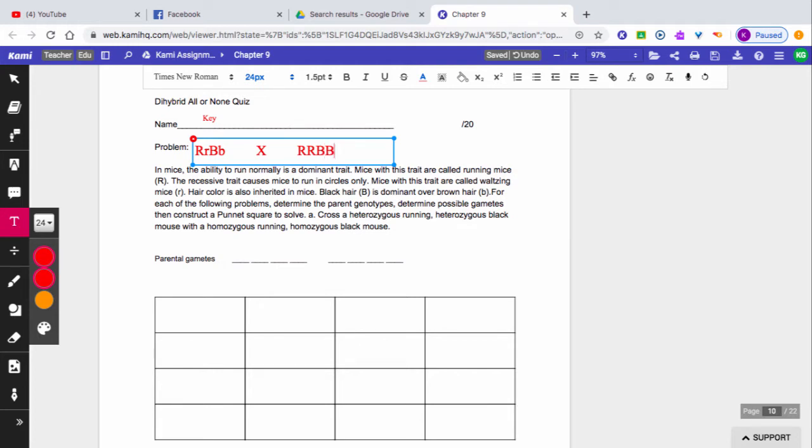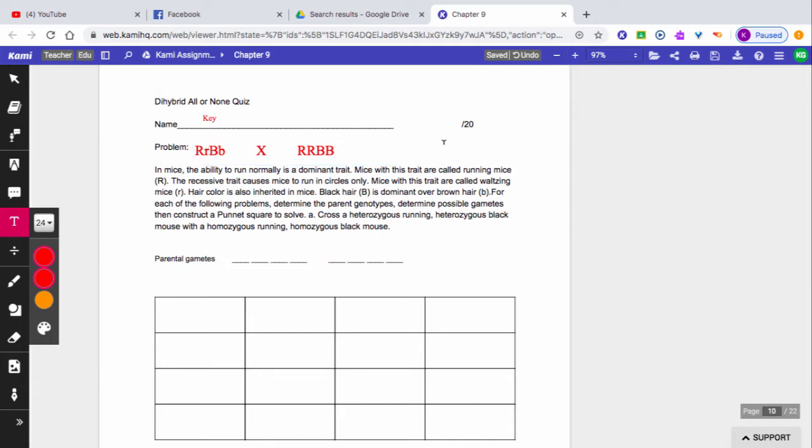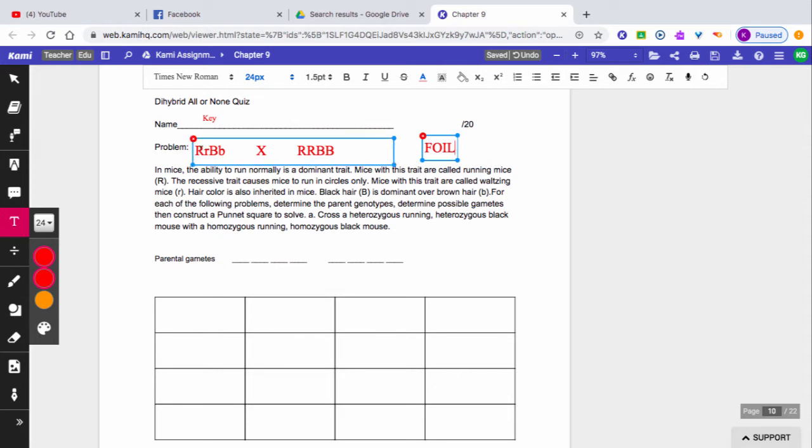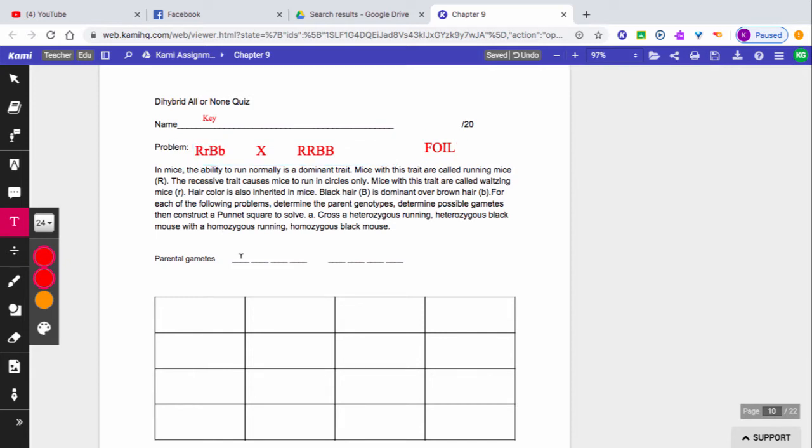Okay. So what we have to do for the first parent is we have to figure out what the 4 possible combinations of gametes are going to be. And for that one, we're going to do the FOIL method. So remember FOIL. F stands for first. So of this term here, I'm going to take the capital R and the capital B because those are first.